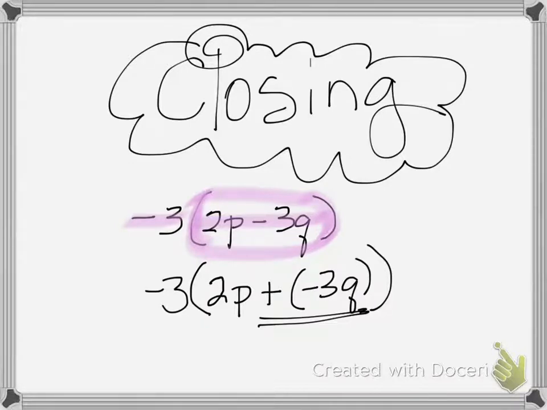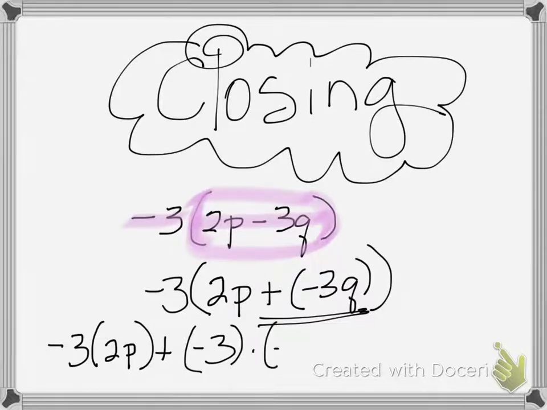But then when we had to do that distributive property, we had to do negative 3 times 2p, and then we added that, then we had negative 3, we could probably put parentheses around that, times a negative 3q.